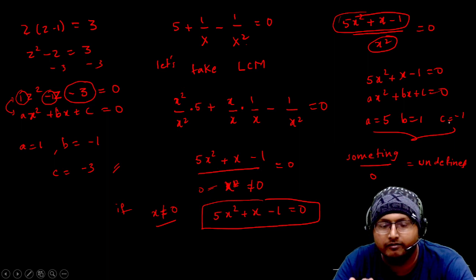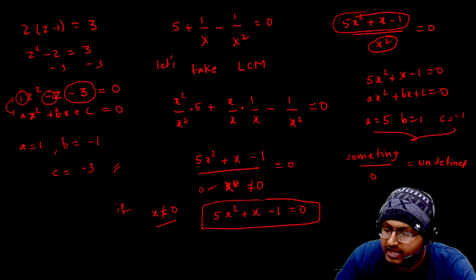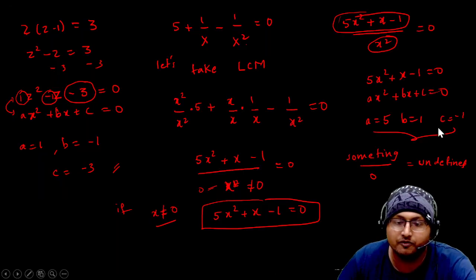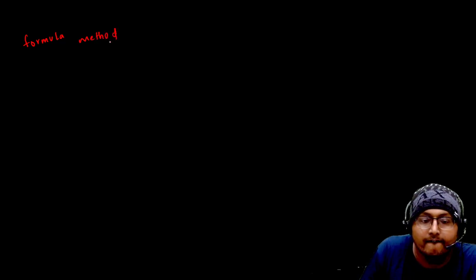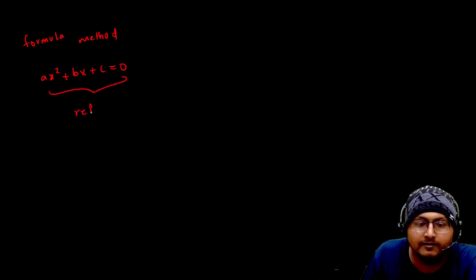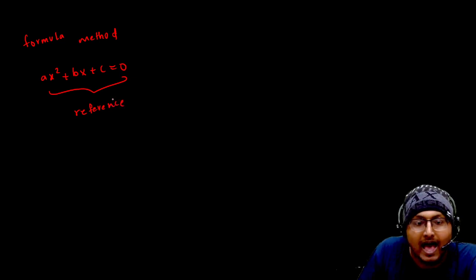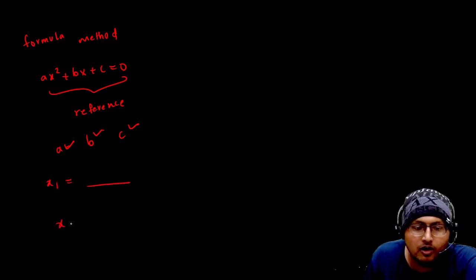See, why I'm focusing on bringing it to standard form is, we already saw that we will use the formula method. In the formula method, we will use the standard form, ax square plus bx plus c, as the reference, and then using the values of a, b and c, we will derive the formula for x1 and the formula for x2.